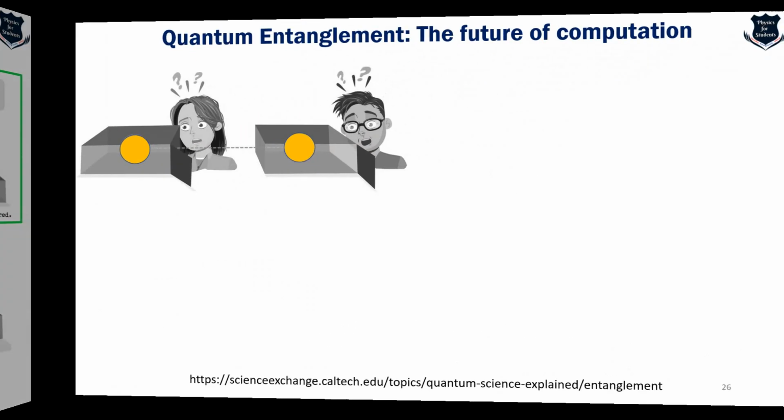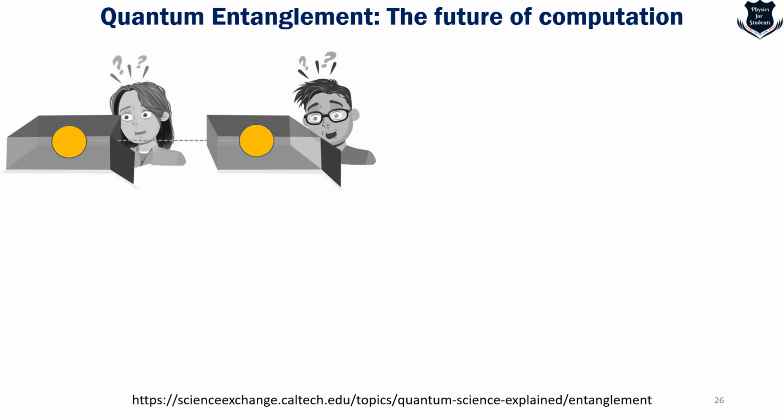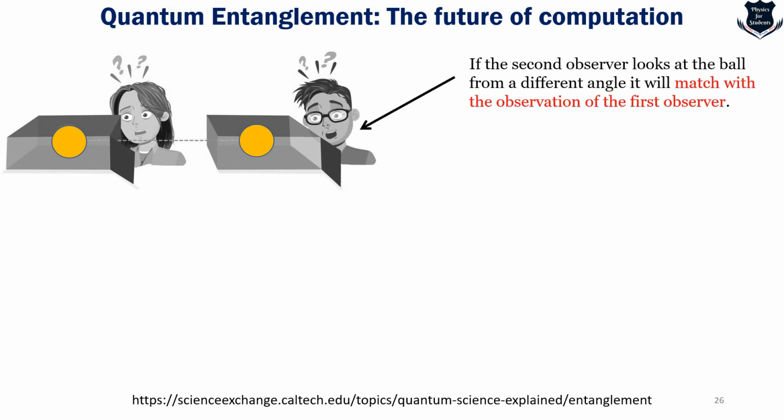Now let us take another case, and the viewer, what happens is that the second observer is trying to view the ball from a different angle, and what would happen is that it will match with the observation of the first observer.